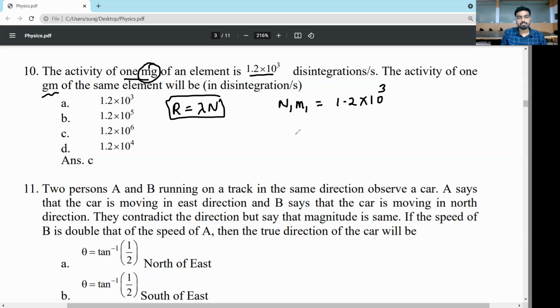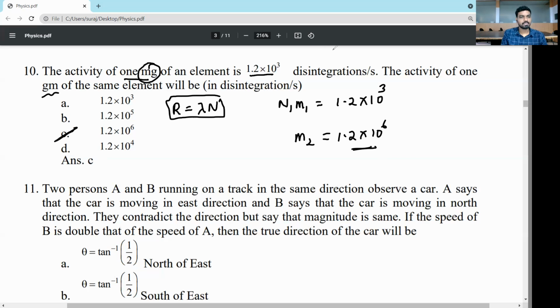M2 will be, because now N2 will also increase. In 1 gram, there will be more particles. So it will be 1.2 into 10 power 6. Lambda remains the same, since we are talking about the same particles. So R will also be 1.2 into 10 power 6. Option C.